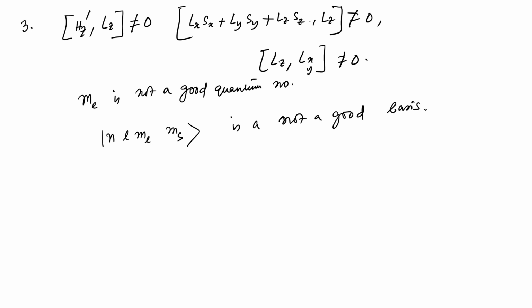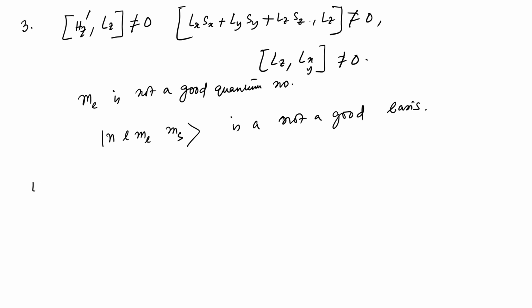And when I say good, I mean whether we can calculate the matrix elements in this basis or not. And clearly, because this is not a good basis, we should not be using it to calculate the energy correction due to this Hz prime term.